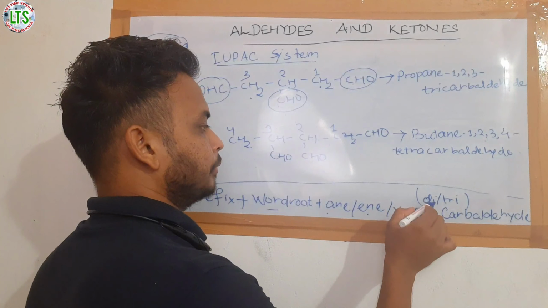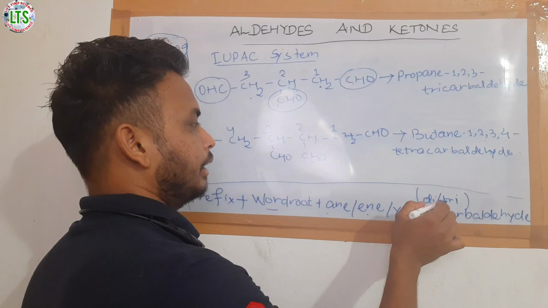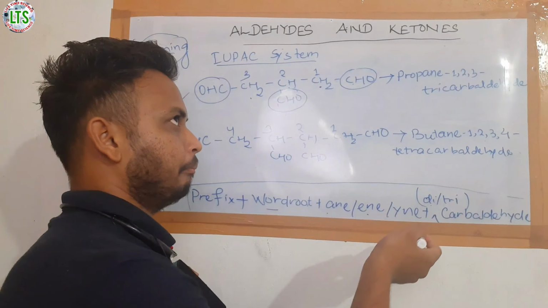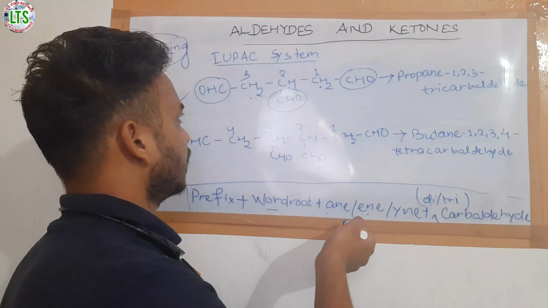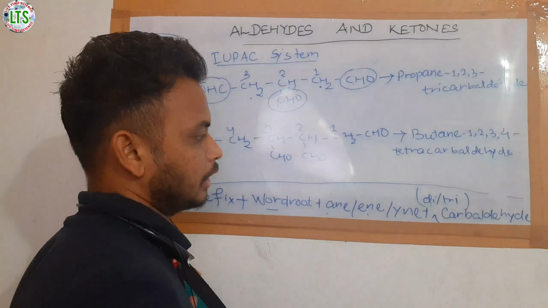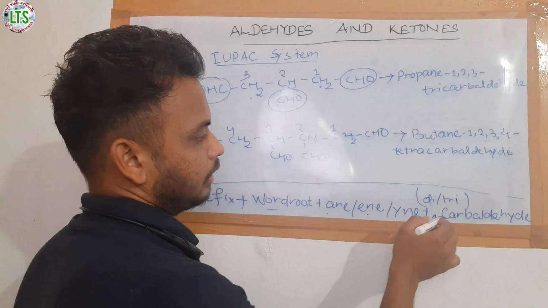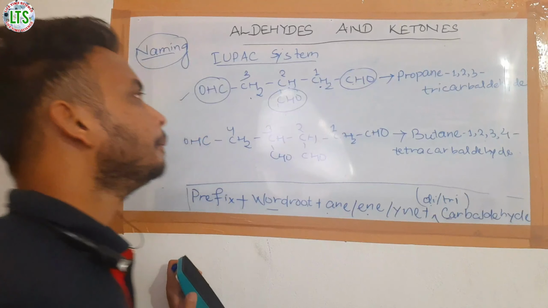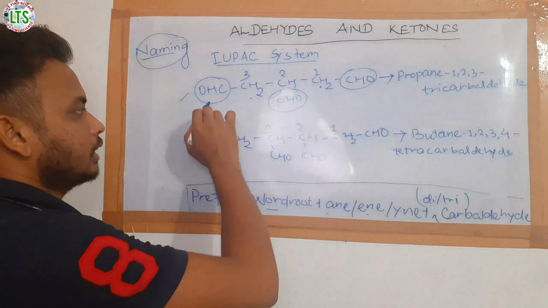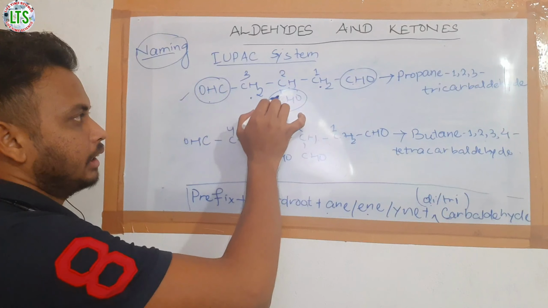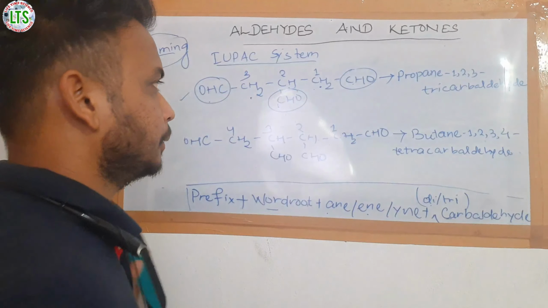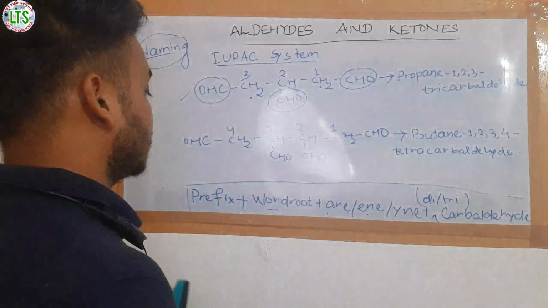Next is di or tri or tetra according to the number of CHO groups or aldehyde groups. Then lastly, carbaldehyde.